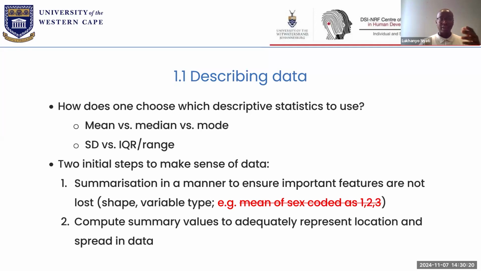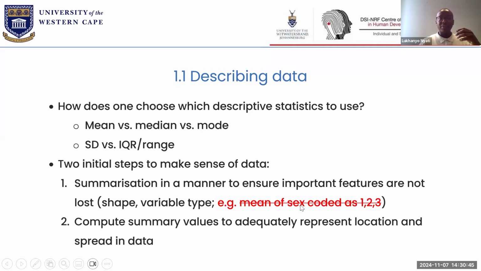And like I said earlier, when you're presenting the median, you present it with an interquartile range or the range, and you may present the mean with a standard deviation. So these are important considerations that you need to make when you are going to summarize the data.